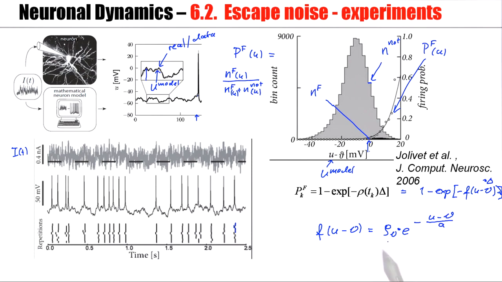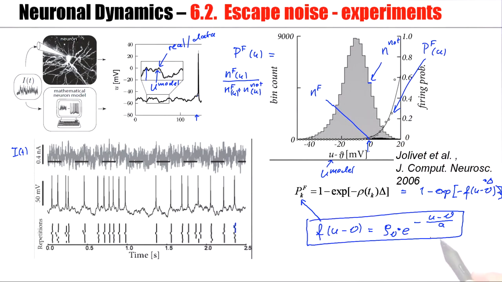Now, if we use this exponential function f in this discrete time formula PF, then we get this solid line. So we see that there's an excellent fit of the exponential escape rate and the data.